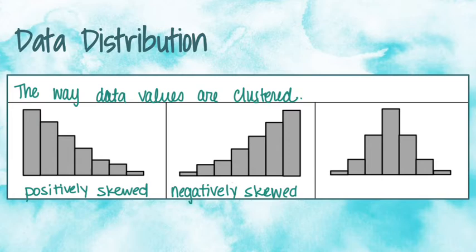And then the last picture is of a normal distribution. And we put normal in quotes because this has a definition. It's not just saying like, oh, this is the normal way, this is the regular way. This is actually a very specific distribution, and it is called a normal distribution.